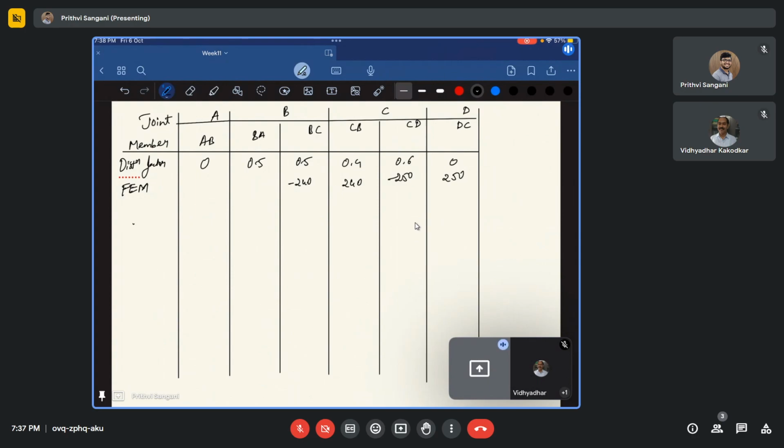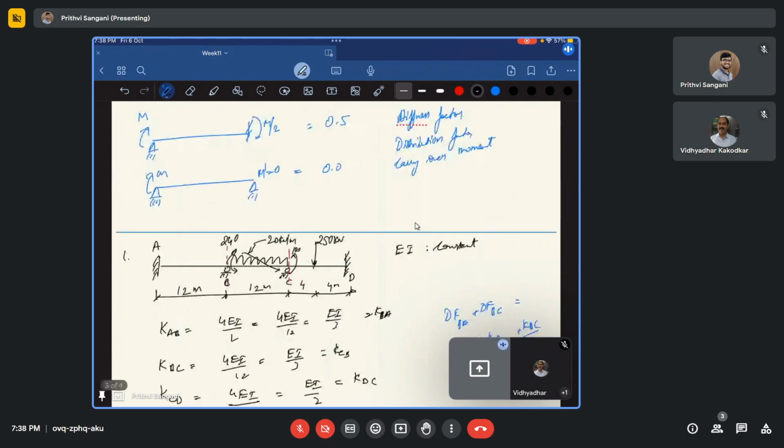Okay, so see, first we are applying minus 240, right? So that minus 240 is actually in BC. Because of this minus 240, it actually has a carryover towards what? See, BA is not having any moment here.